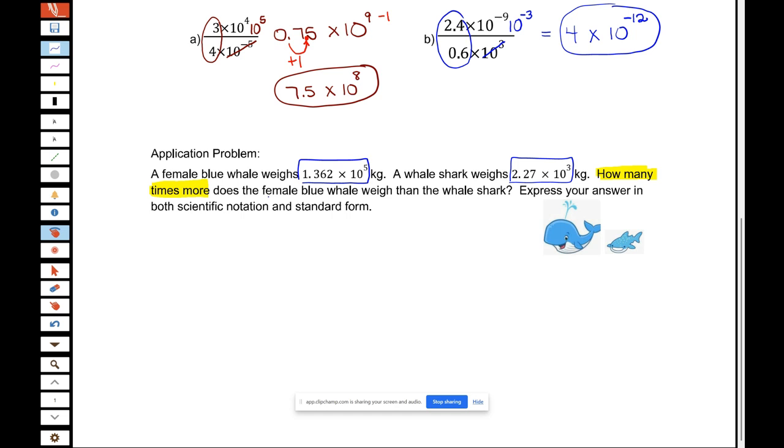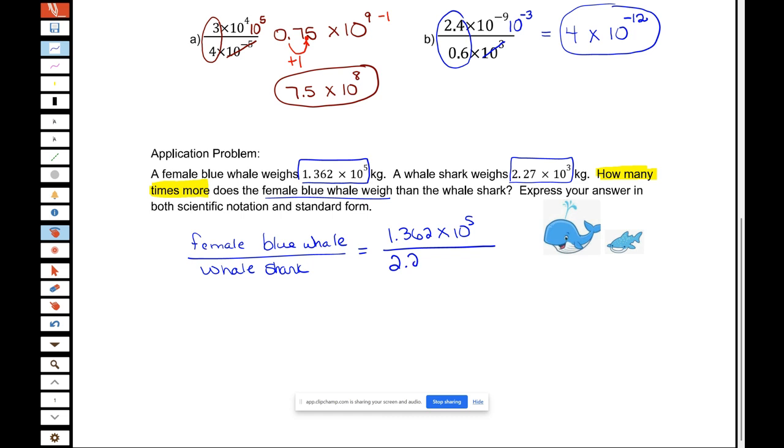How many times more does the female blue whale, so she goes on the top of the fraction, weigh than the whale shark? So I'll put the female blue whale on the top of the fraction and the whale shark on the bottom.